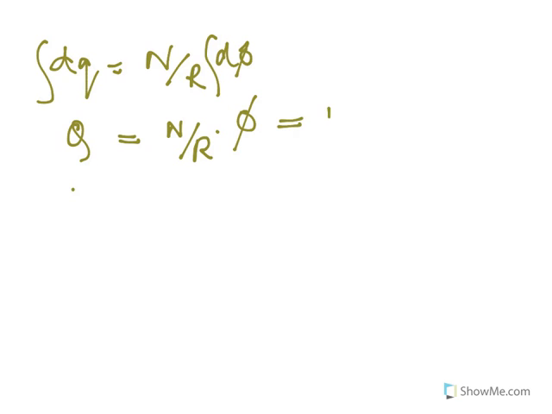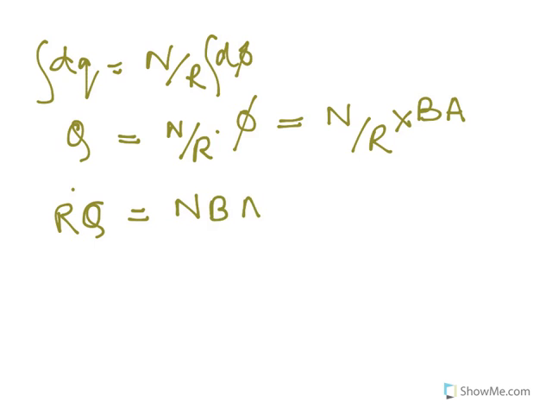And putting the values of phi, we get N by R into BA. So QR is equal to NBA, or B is equal to QR by NA.